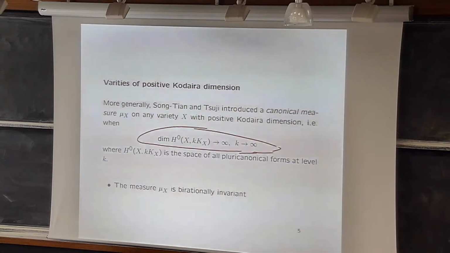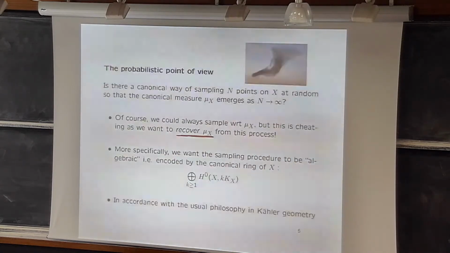That's the definition of positive Kodaira dimension. And once you have a canonical metric, it means you have a canonical measure. It's not an honest volume form now because the variety is complicated, but it's a canonical measure. Let's say we normalize it, so it's a canonical probability measure, and it's birationally invariant, so it's a very natural object to look at.